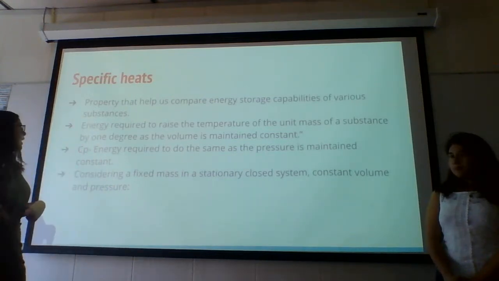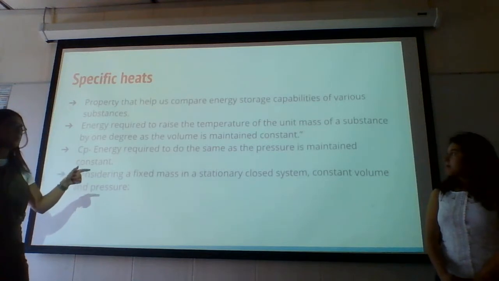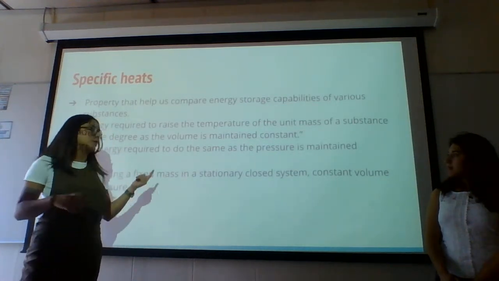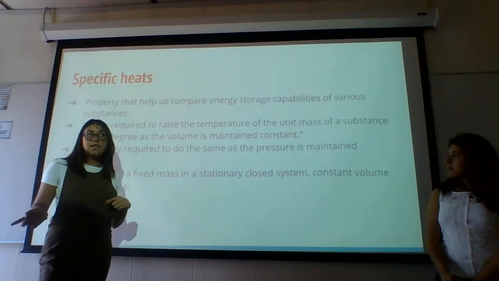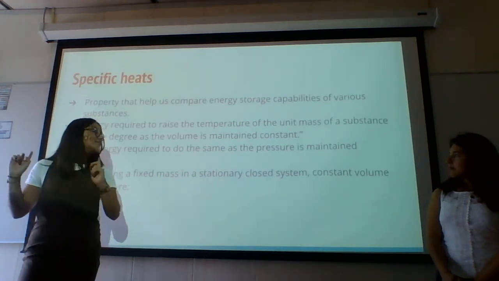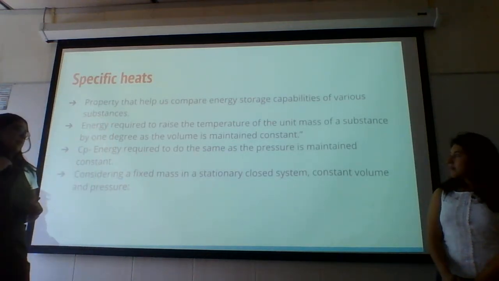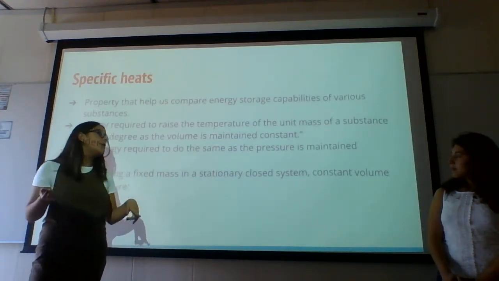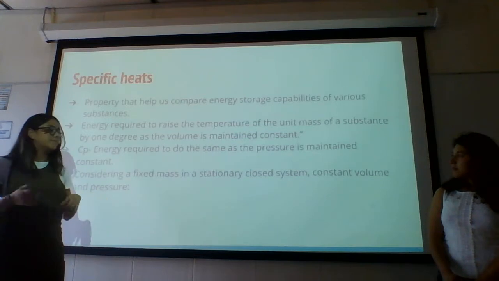The Cp is the energy required to do the same as the pressure is maintained constant, and the Cv is whenever the volume is maintained constant. And we consider it with a fixed mass in a stationary closed system at constant volume and pressure.